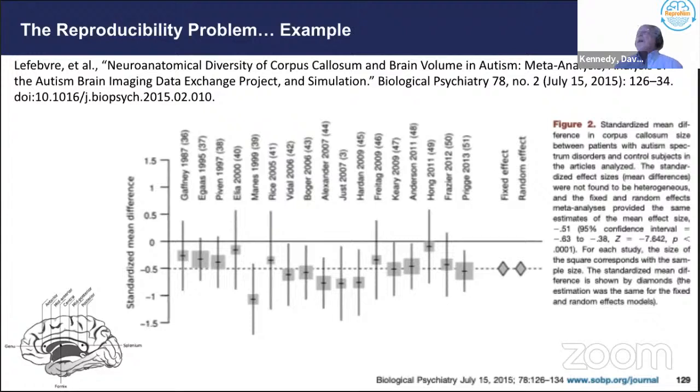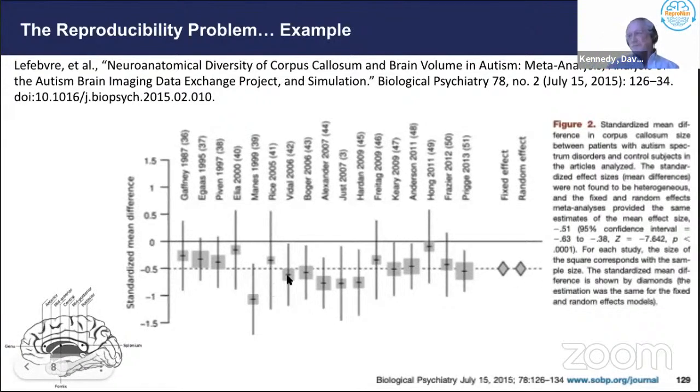If you go back through a meta-analysis of neuroimaging studies that look at the volume of the corpus callosum, a particular fiber bundle that connects the left and right hemispheres, you find ample publications and ample evidence that the corpus callosum volume is smaller in subjects with autism than typical controls. And this little meta-analysis is shown here.